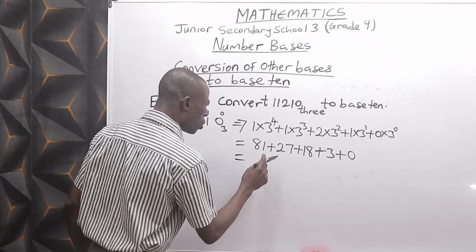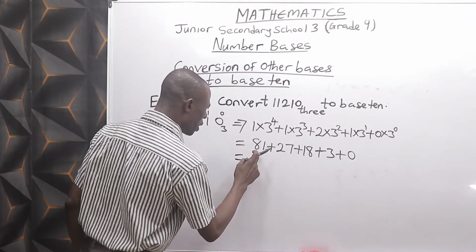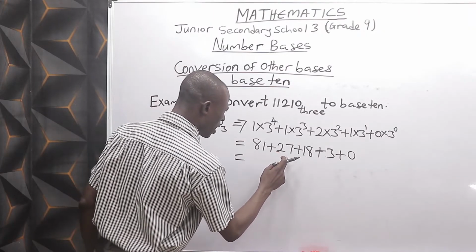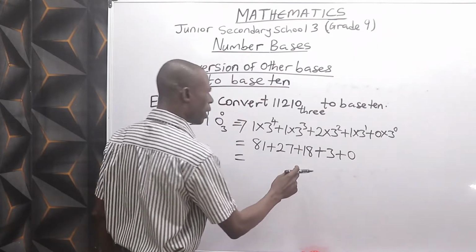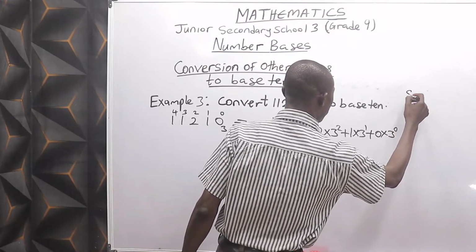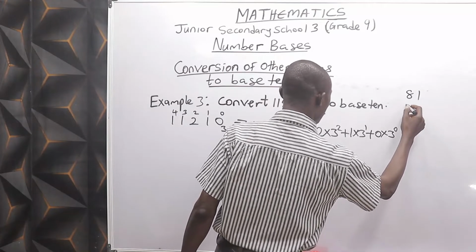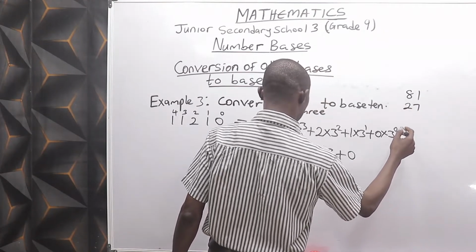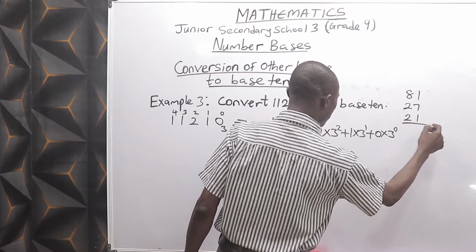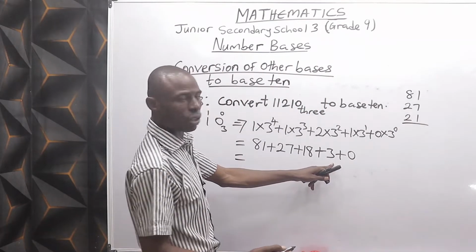So you had 81 and 27 and 18 together. I come here, 81 plus 27 plus 21. You understand? 18 plus 3 is 21.